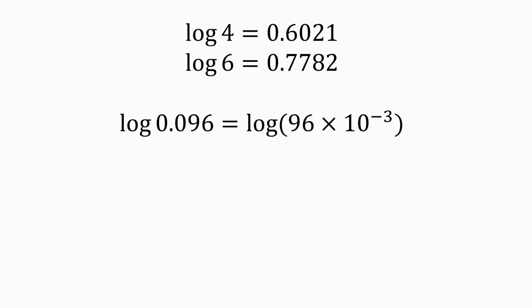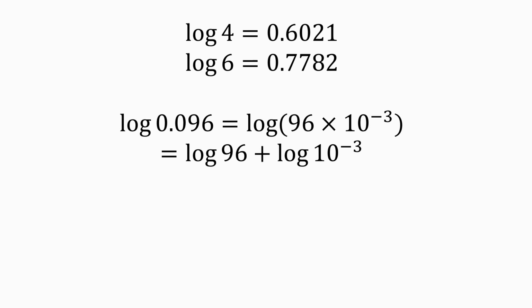Then applying the rules of logarithms, if you have a multiplication, it can be rewritten as an addition: log 96 plus log 10 raised to power negative 3. So you open the bracket, and the multiplication becomes addition.